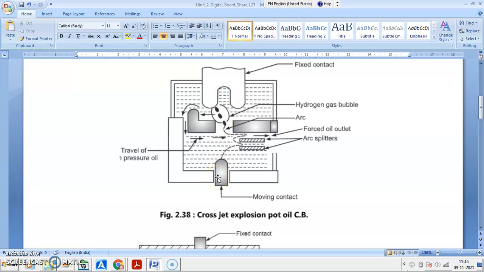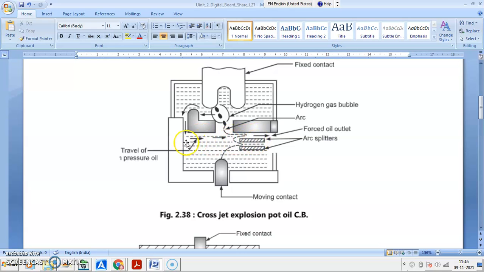As it comes down, an arc is formed between the moving and fixed contact. The arc causes decomposition of the oil into hydrogen gas because of heating. The oil is provided at high pressure compared to the plain oil circuit breaker, so the decomposed oil at high pressure travels into the lower section.